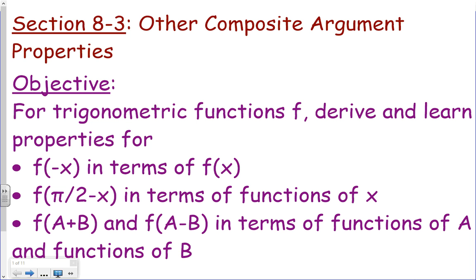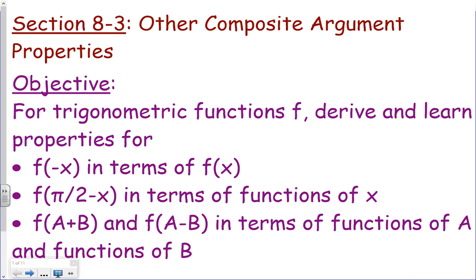And actually, there's three different groups of composite argument properties we're going to deal with. So for trig functions f, we want to be able to derive and learn the properties for f of negative x in terms of f of x, f of pi over 2 minus x in terms of functions of x, and finally f of a plus b and f of a minus b in terms of functions of a and functions of b.